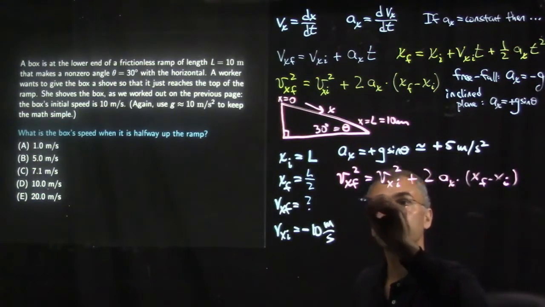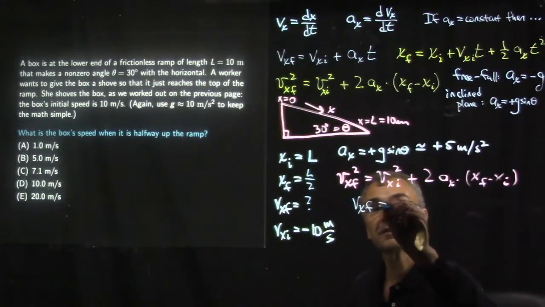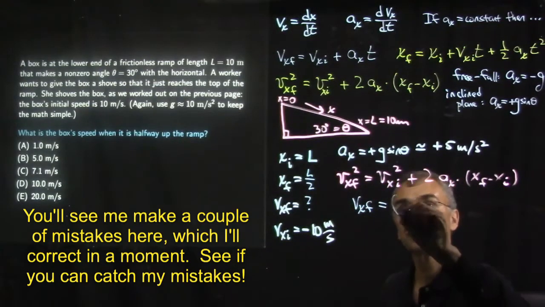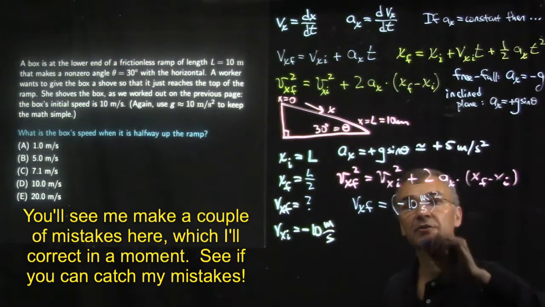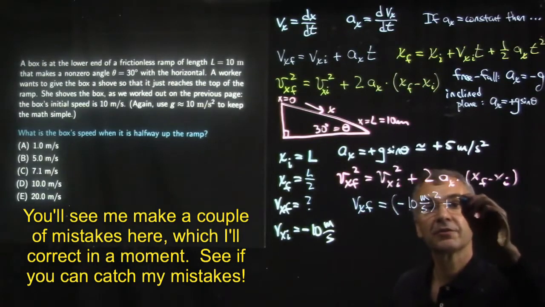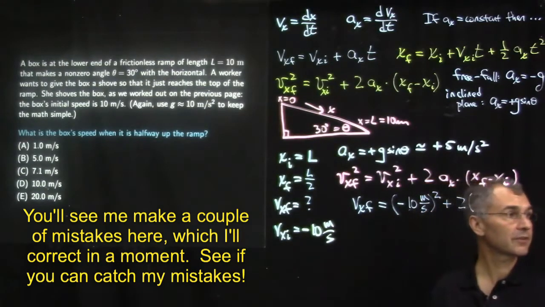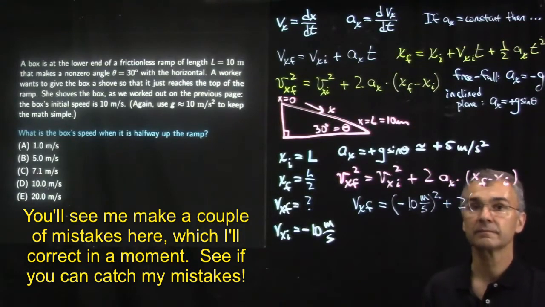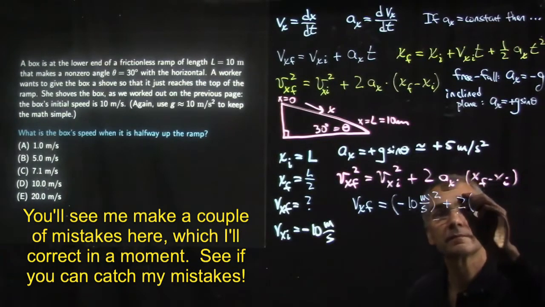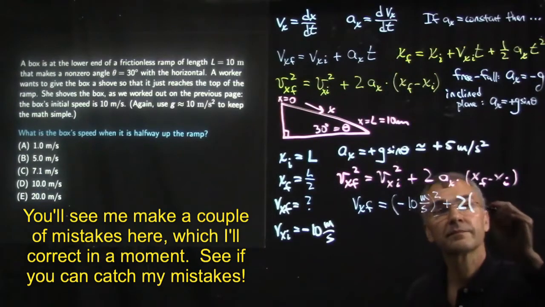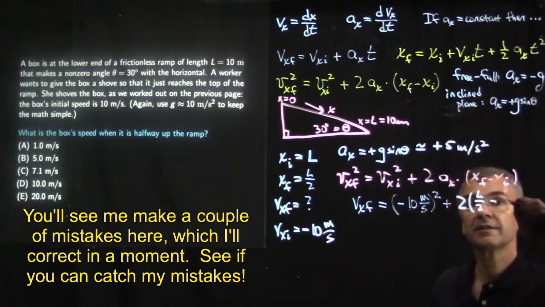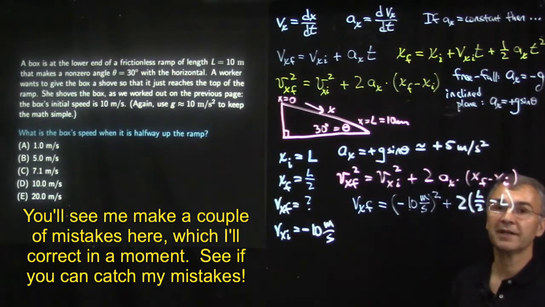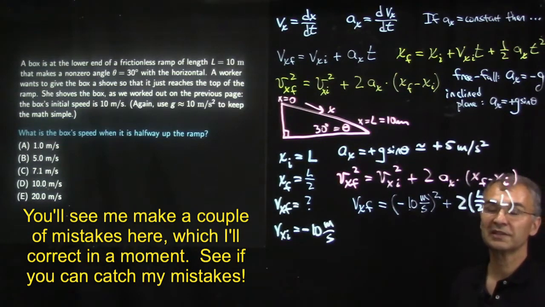So we're going to say Vx final squared is Vx initial squared, so that's minus 10 meters per second, the quantity squared, plus 2 times x final, which is L over 2, minus L. L over 2 minus L is just minus L over 2.